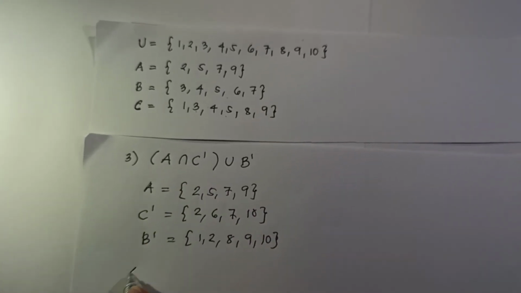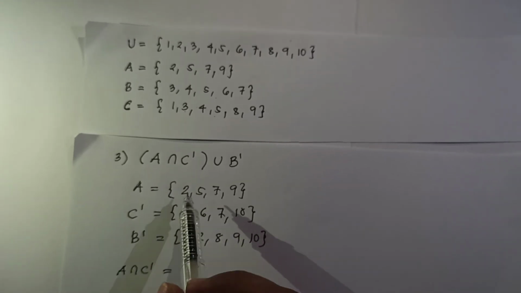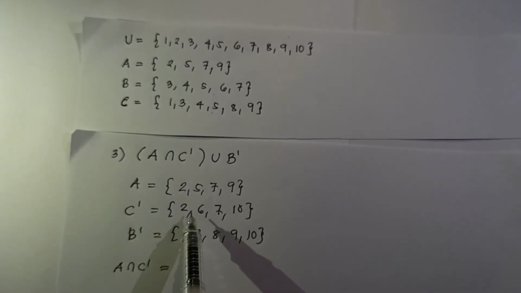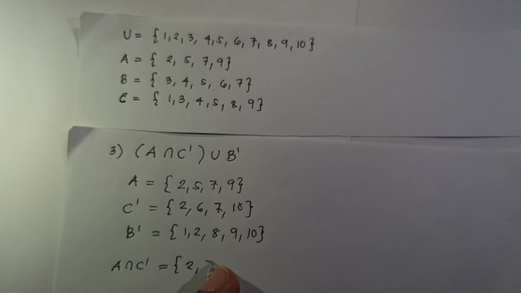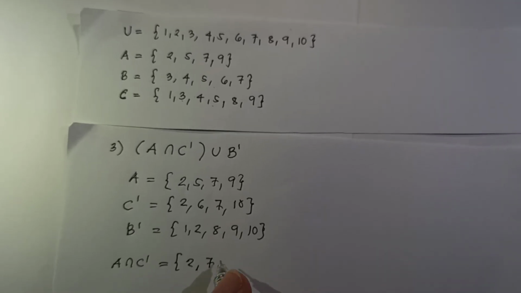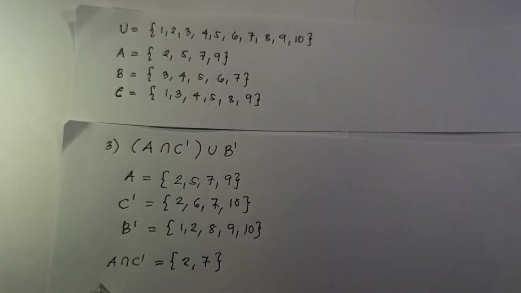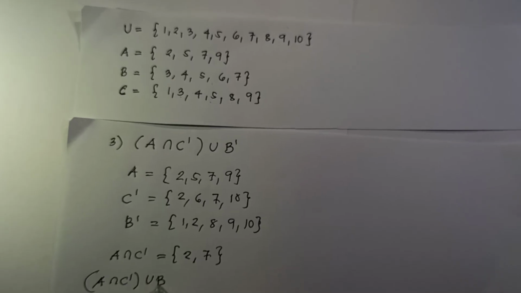So first we're going to solve A intersection of C prime. What is the common between element A and C prime? So we have 2 and 7. The common between the two is 2 and 7. Next, we're going to have A intersection of C prime, the union of B prime.